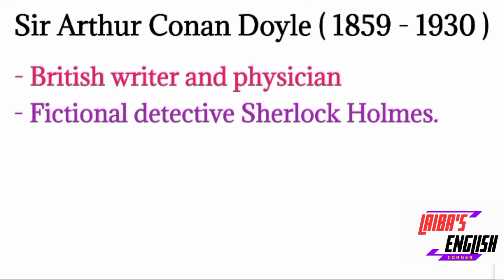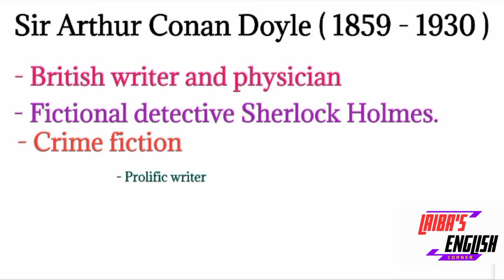He was a prolific writer whose other works include fantasy and science fiction stories, plays, romances, poetry, non-fiction and historical novels, which are very famous as well. So today we are going to discuss one of his most famous works of fictional detective Sherlock Holmes.